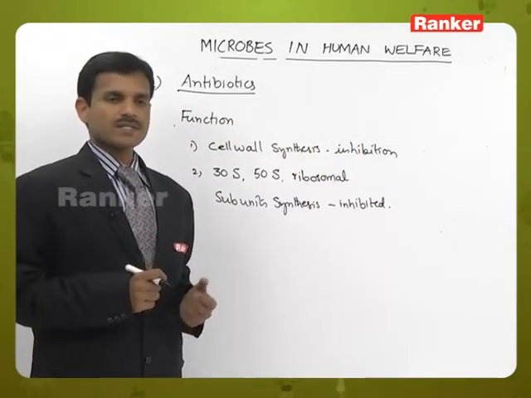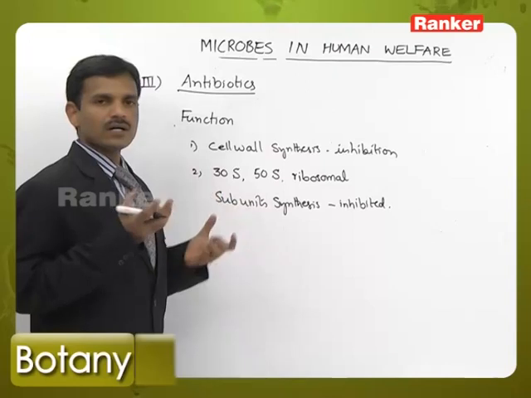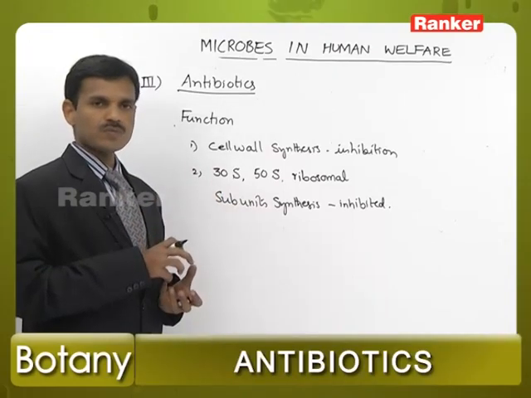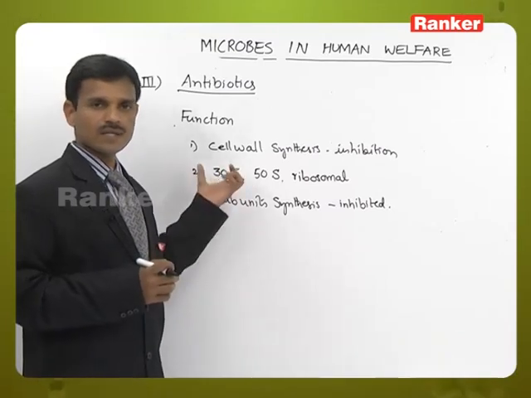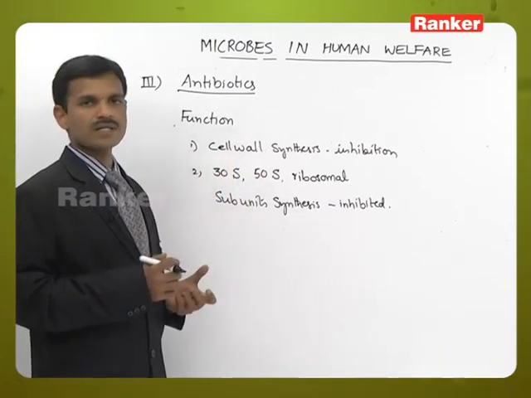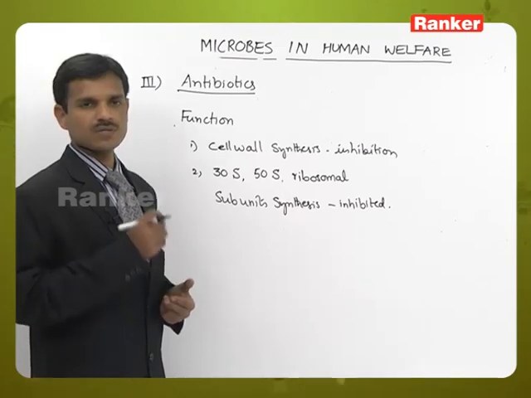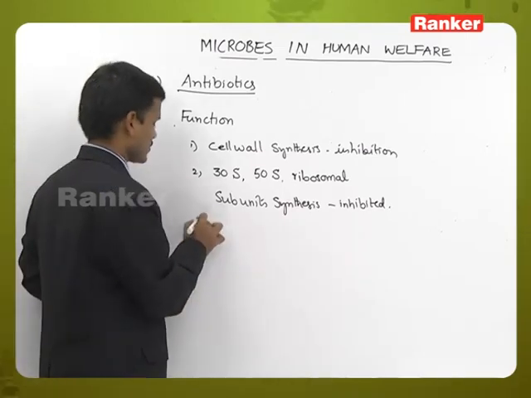Next, protein synthesis. 30S, 50S means the ribosomal subunits. Ribosomes are the protein factories. They are synthesizing the proteins. If the 30S, 50S subunits are not synthesized, there is no protein synthesis. So protein synthesis is also inhibited.